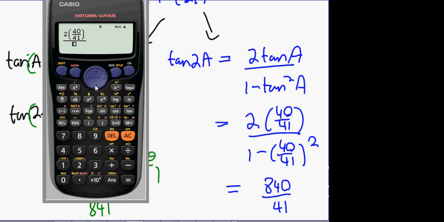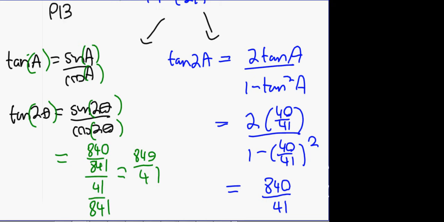Divided by 1 minus open bracket fraction 40 divided by 41. Tan theta is 40 divided by 41, isn't it? Yeah? Oh, that's the same thing as that. 3280 divided by 81. Yeah, I know. Okay. Divided by 41. Sorry? No, break it down properly. Okay guys, that's interesting. You shouldn't have got that.